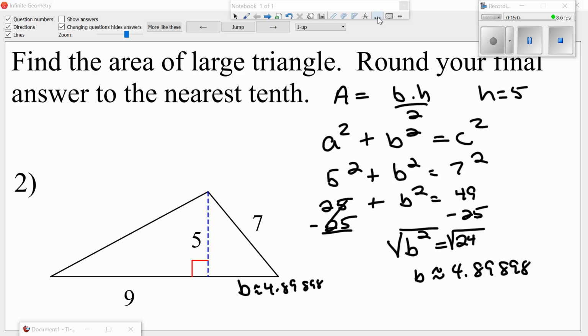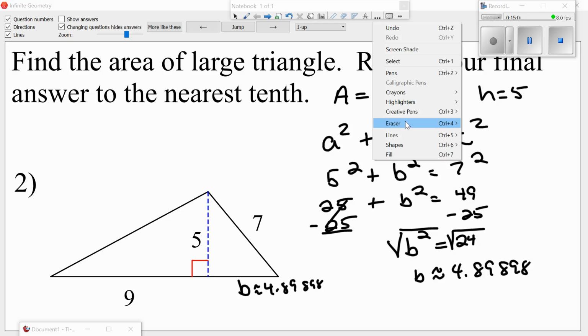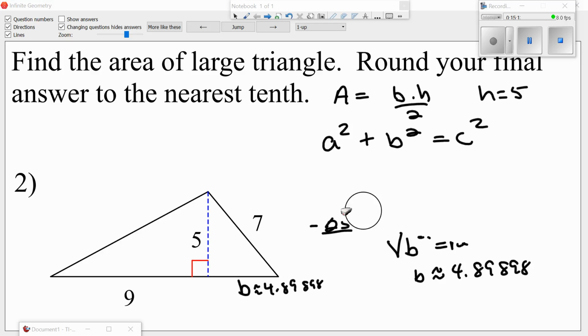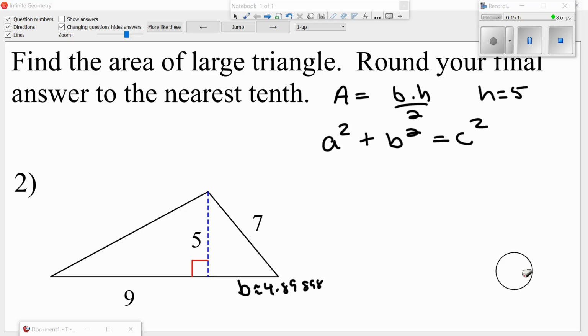I'm going to erase some of this stuff so that we have some room to work. Okay, just make sure you copy that down. And we don't need that anymore either. And let's now go to our area. I have my height. I now have my base.